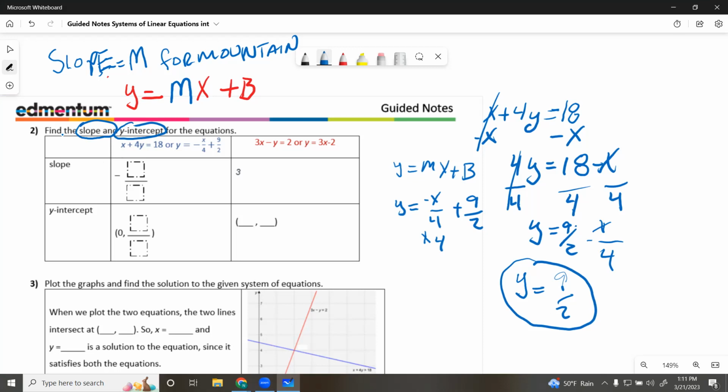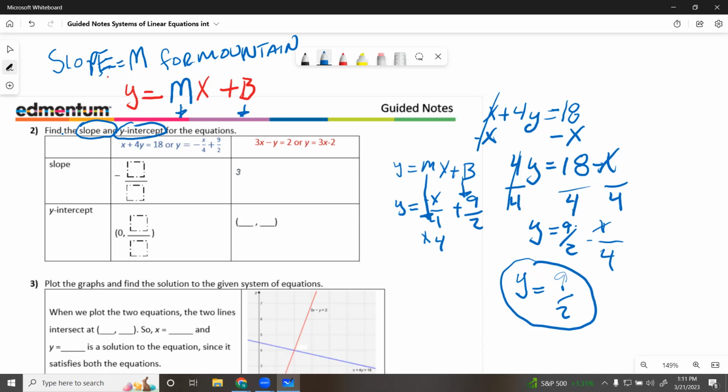So this is the slope and this is the y-intercept.